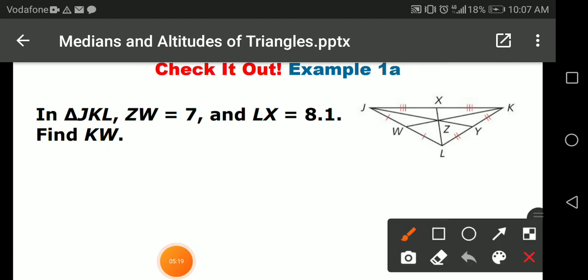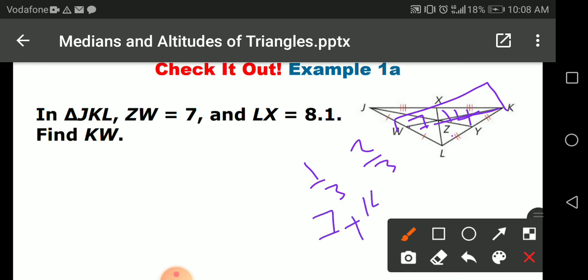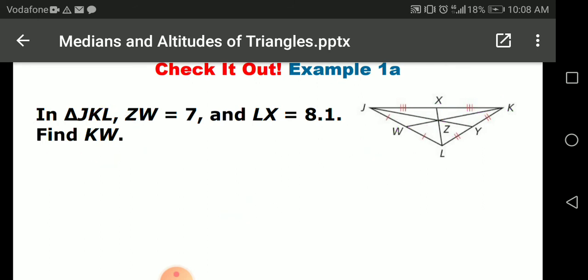Again, ZW is 7, and ZK is 2/3, so it will be double because here is 1/3. Remember, 1/3 and 2/3. So this will be 14, double. So KW, the whole one, will be 7 plus 14, which gives me 21. So KW is 21.